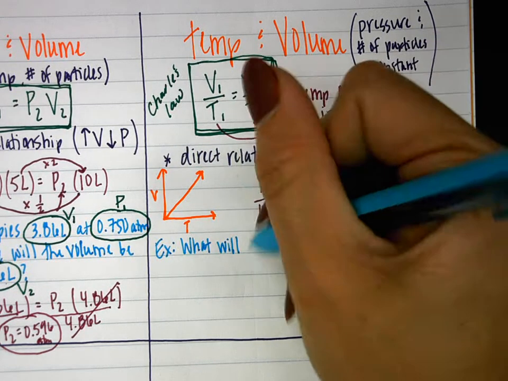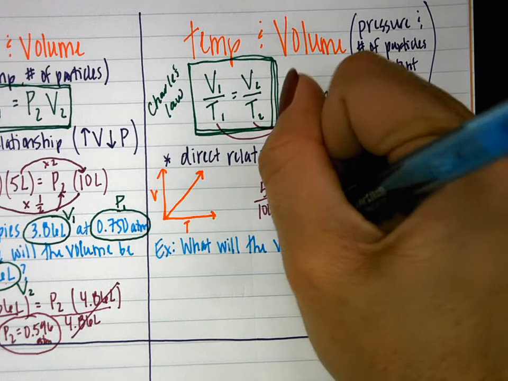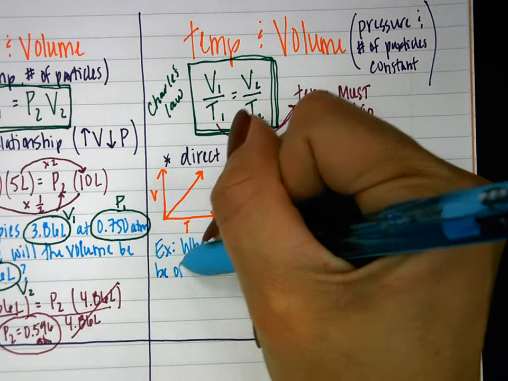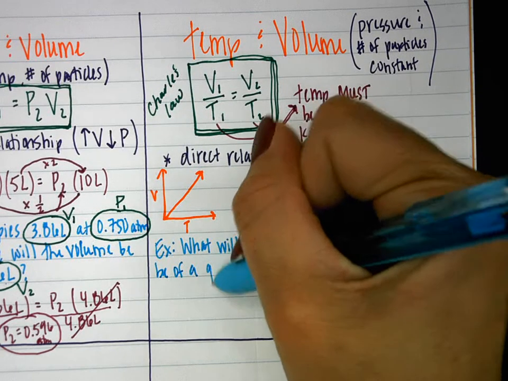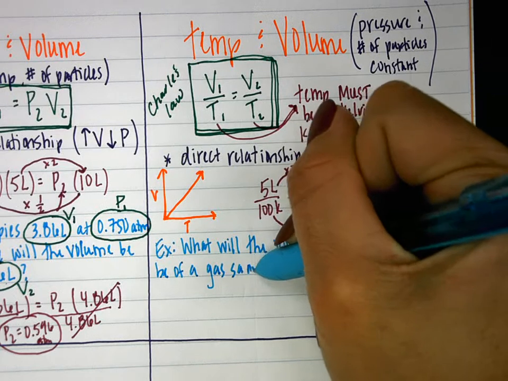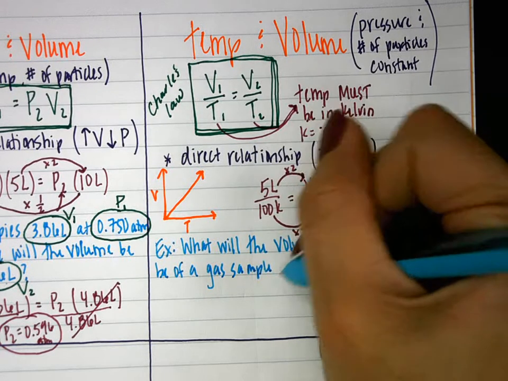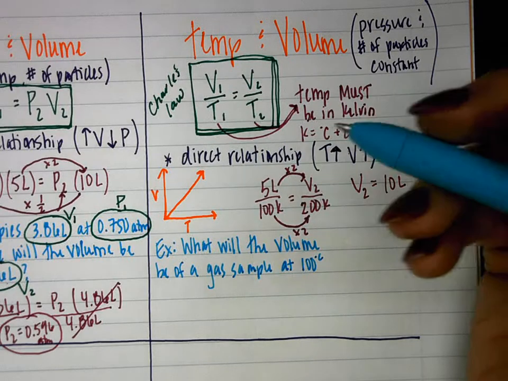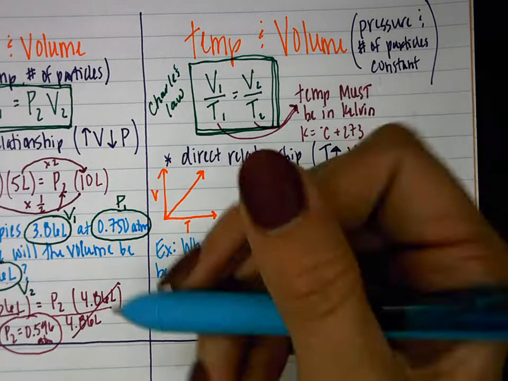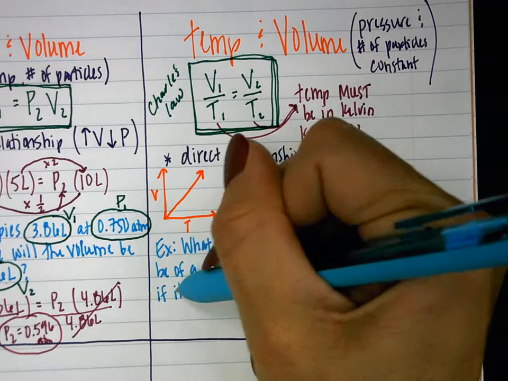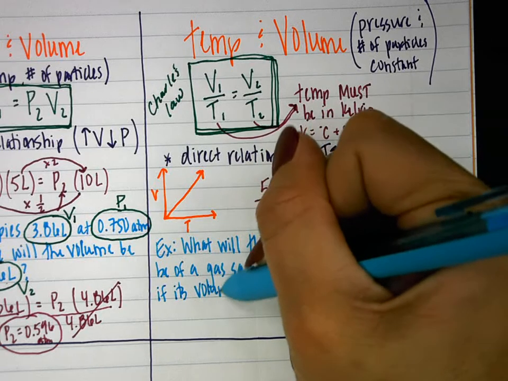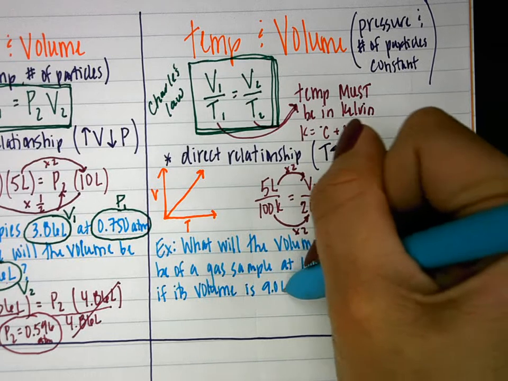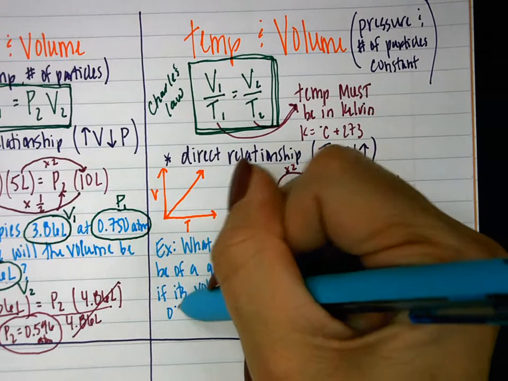What will the volume be of a gas sample at 100 degrees Celsius if its volume is 9 liters at 0 degrees Celsius?